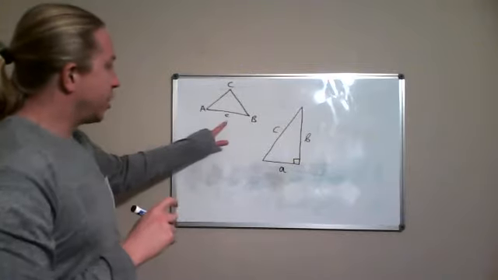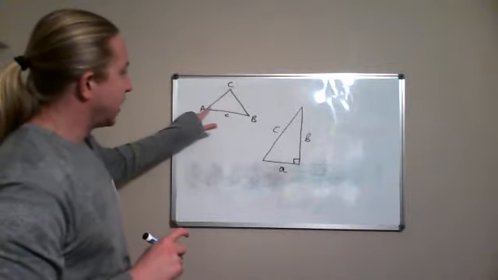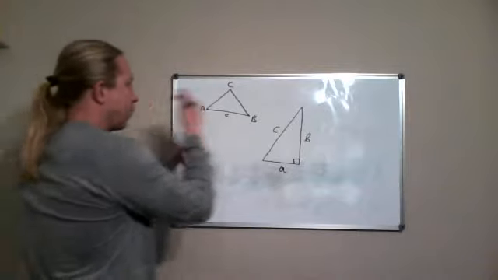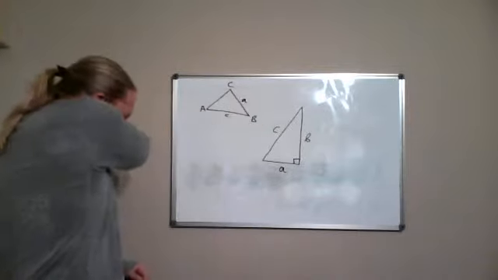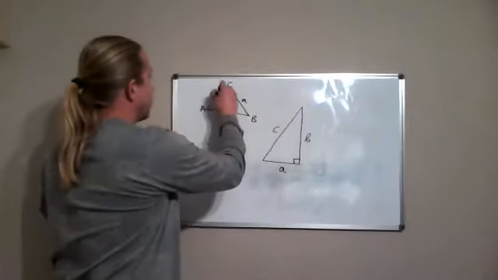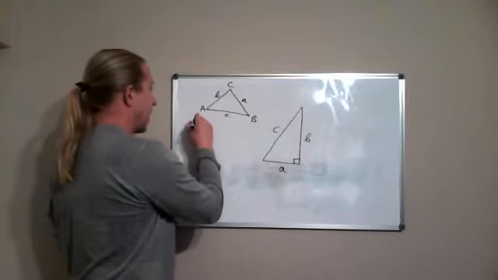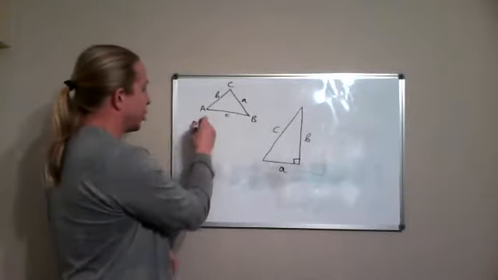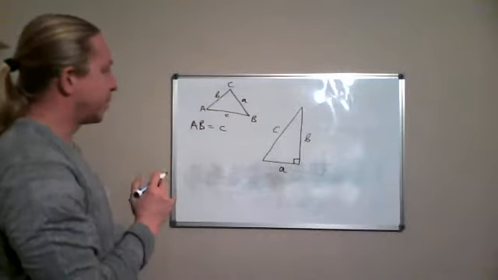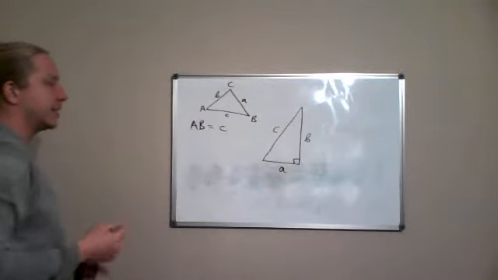Usually the big letter denotes a point, and then across from it we call that side little c. If this is our big A, we can call the opposite side little a, and if this is B, we can call this side little b. So in this diagram, AB can be denoted as a side, and that also equals c. We can say AB is the same size as the side c.